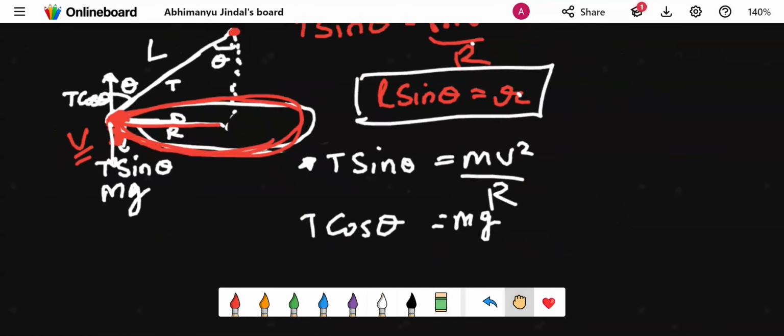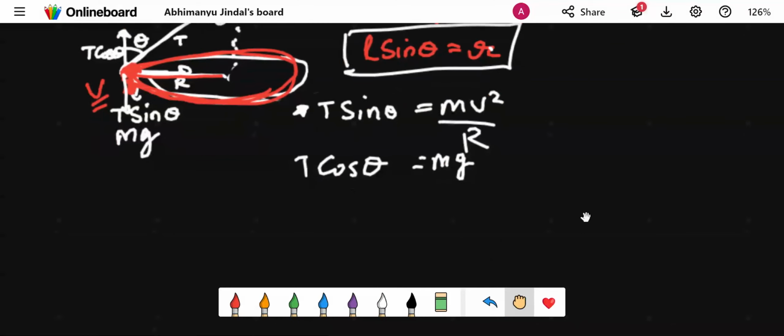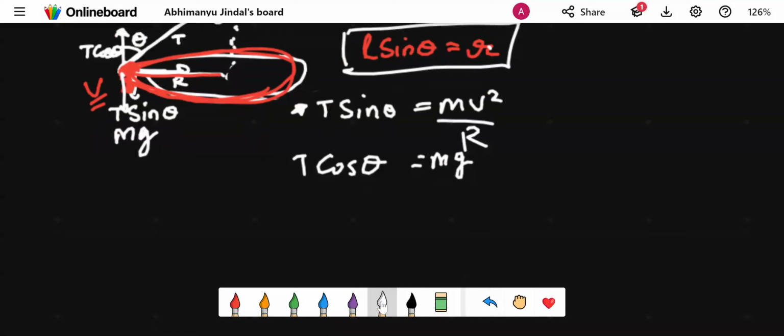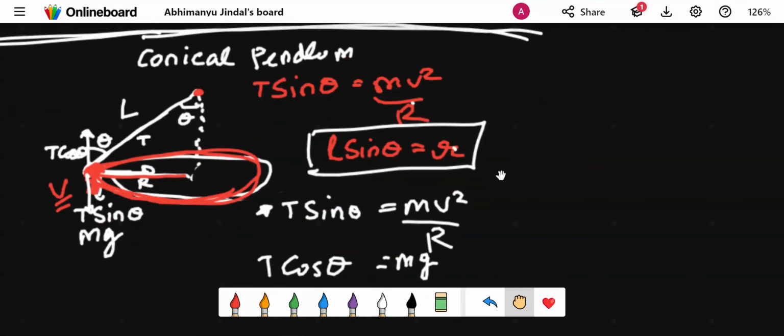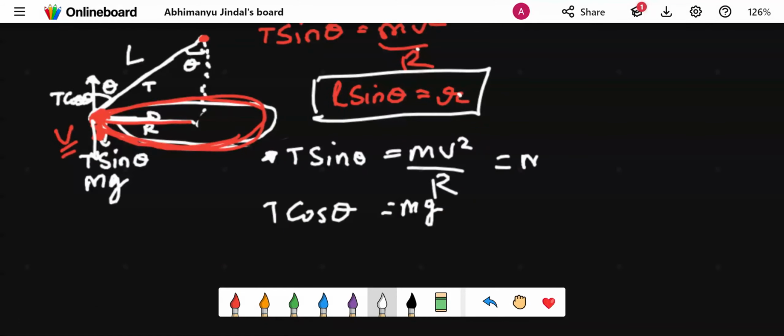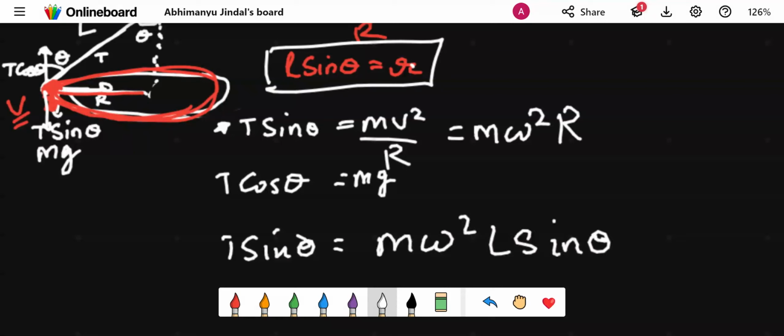Now let's write this as m omega square r. So T sine theta equals m omega square r, which is L sine theta. Now sine theta is gone.